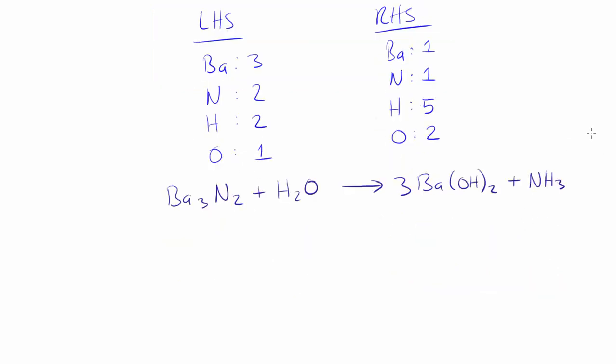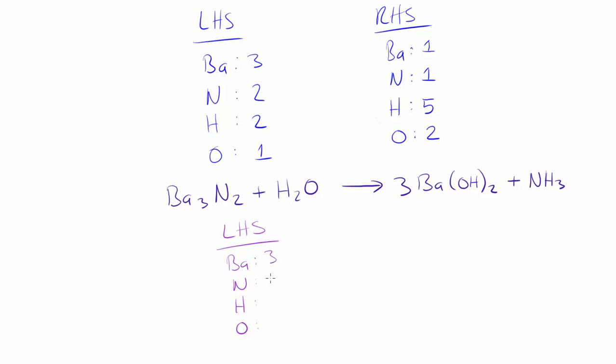So we didn't change anything on the left hand side just now. So when we do our audit for the left hand side, it's literally going to be the same as this, right? So for the left hand side, for Ba₃N₂H₂O, that's just going to be the same, right?